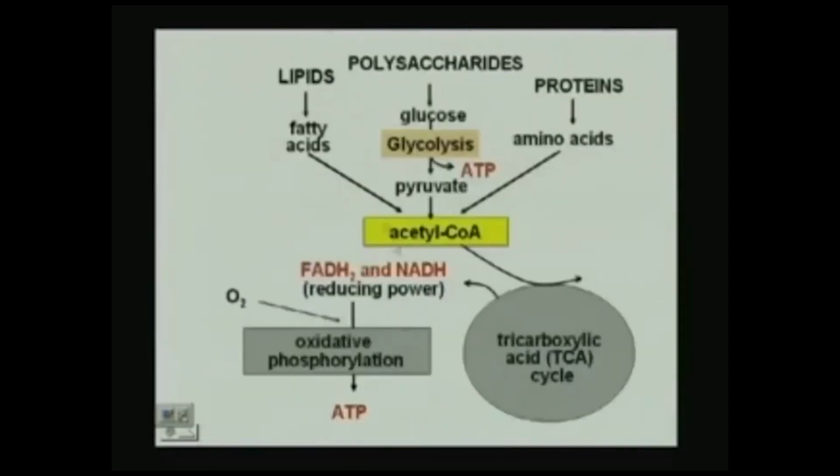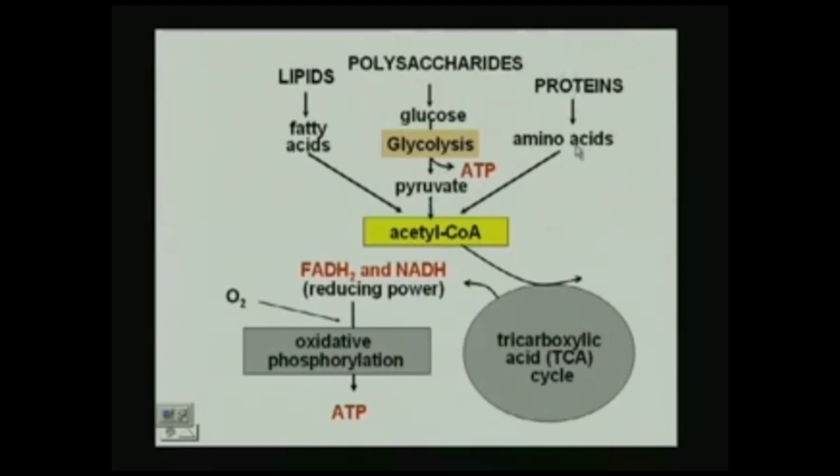So what we have is our lipids, polysaccharides and proteins. Lipids breaking down into fatty acids that form the acetyl-CoA. Polysaccharides breaking down into glucose, the monomeric unit, in the process of glycolysis forming pyruvate, which is what we will see in the process of glycolysis that we will study.